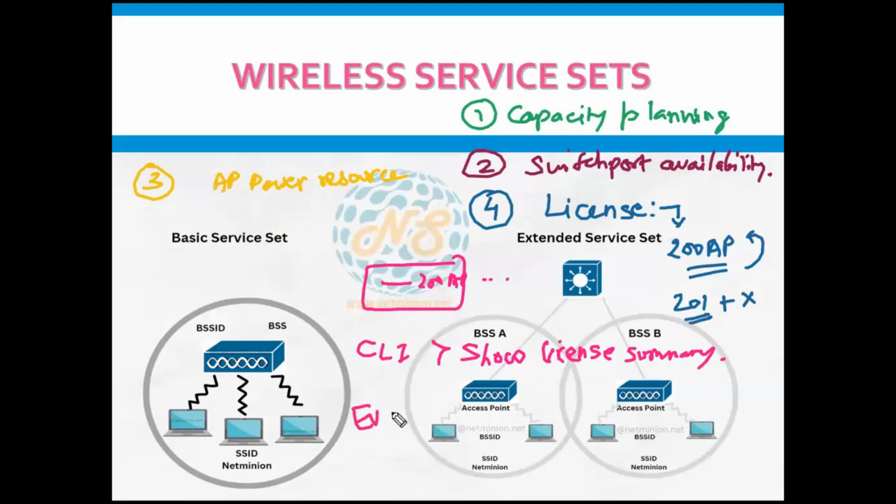And if an evaluation license is available, you can accept it by activating it. You just put the command license activate AP count for evaluation, and it will ask yes or no. You put yes and it will get accepted.